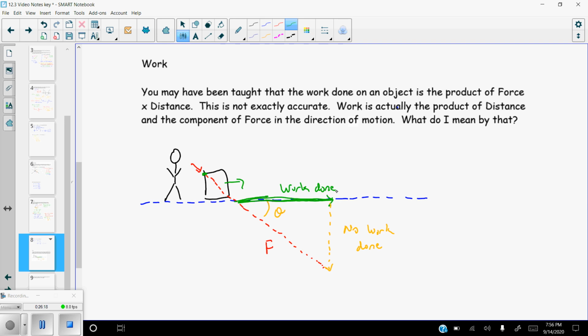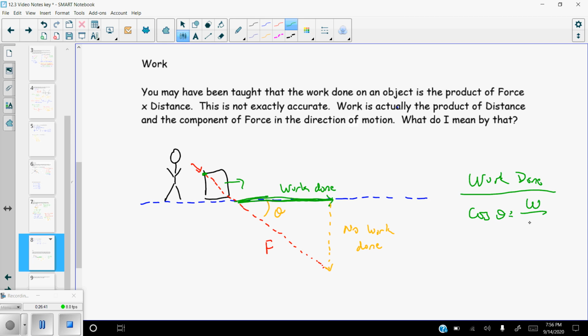But that's the adjacent side, where the force is the hypotenuse. So the work done is going to be based upon the fact that the cosine of the angle is equal to, again, adjacent over hypotenuse.